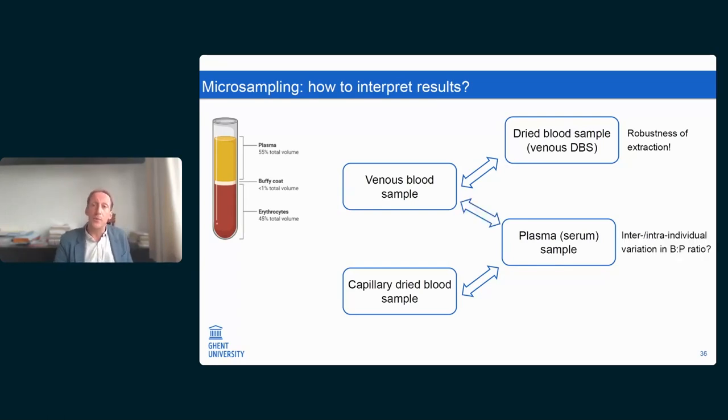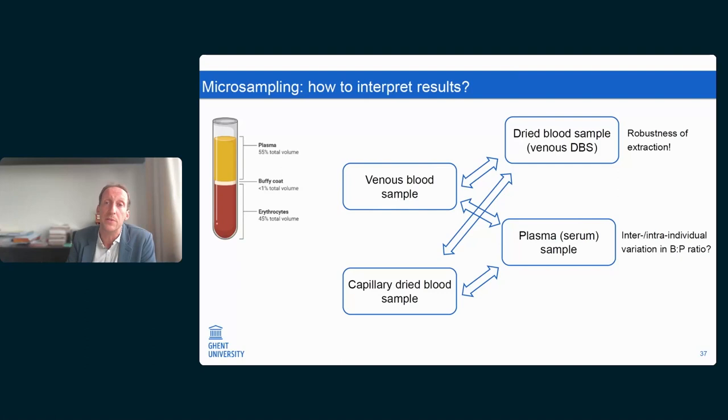Likewise, it may be important to look at the venous plasma ratio, because there could be differences inter- or intra-individually, and you could also have a variation in the blood plasma ratio. So it is important to define this, because if there's a large variation in the blood plasma ratio, it may just imply that you cannot simply translate a blood concentration into a plasma concentration. And you may wish to work with blood concentrations rather than plasma concentrations.